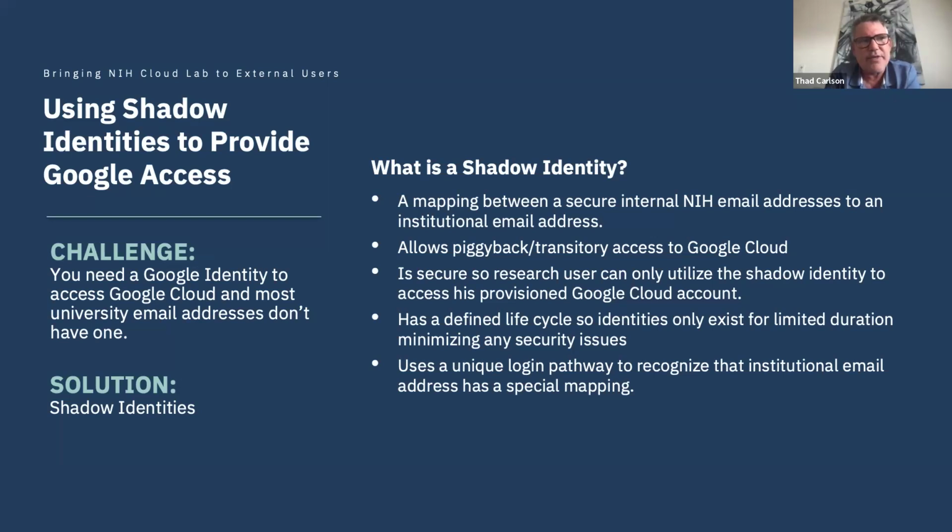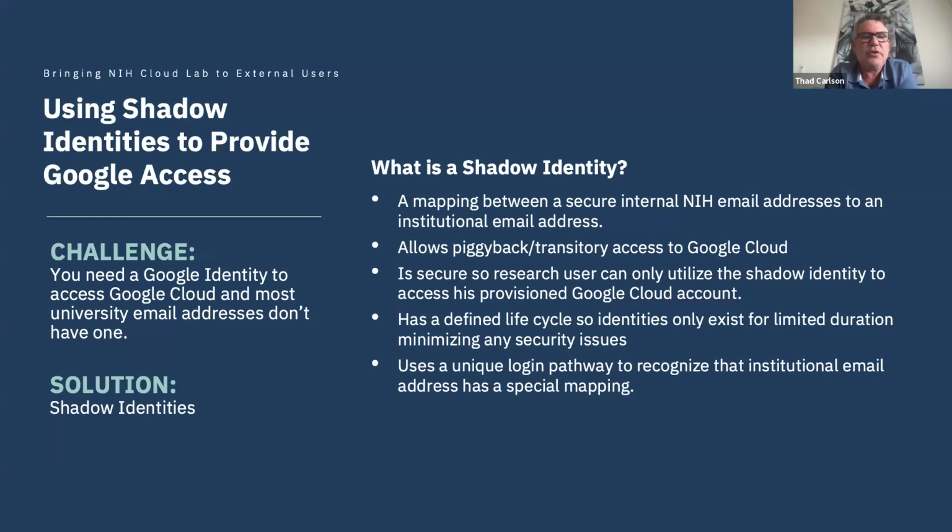And then additionally, as we didn't want to have any sort of security issues outstanding, we then had to create a life cycle for those shadow identities so that if there wasn't usage, they would naturally be deprovisioned, basically with 90 days or 6 months of inactivity, they would basically go away. And so that we wouldn't have any kind of long-term issues having those identities outstanding. So that was basically Google.